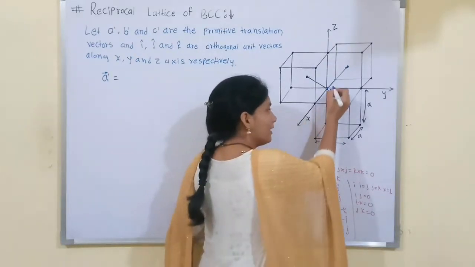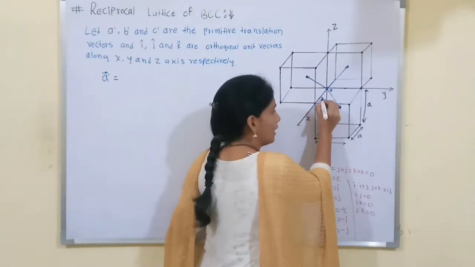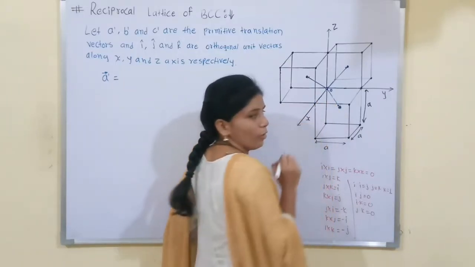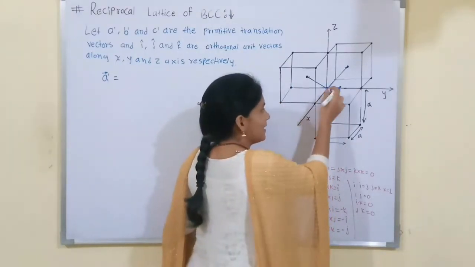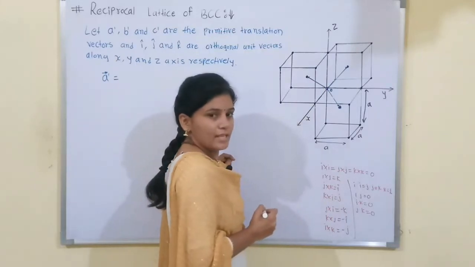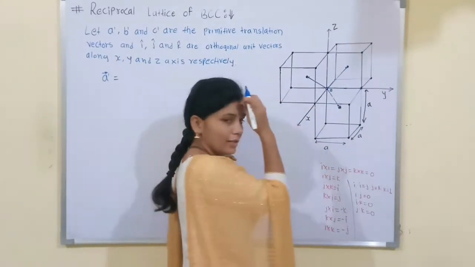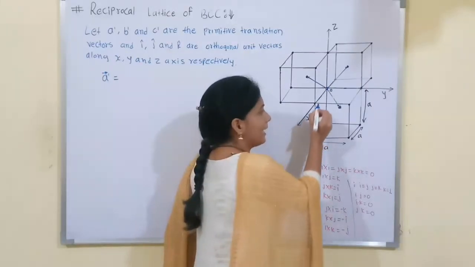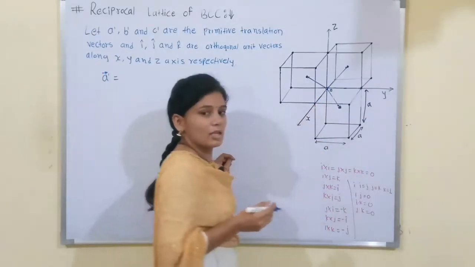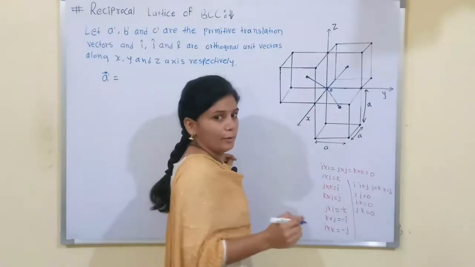Along the x-axis we will travel only the distance till this point, because this is the edge of this unit cell, which is denoted by A. So we will travel only half of the distance of the edge, or we can say A by 2.